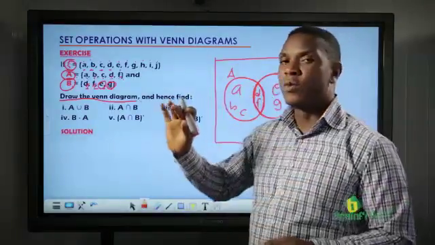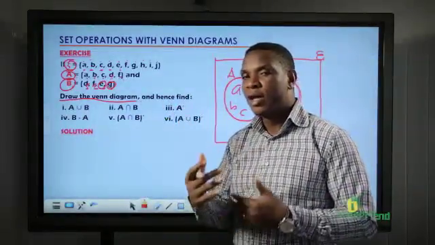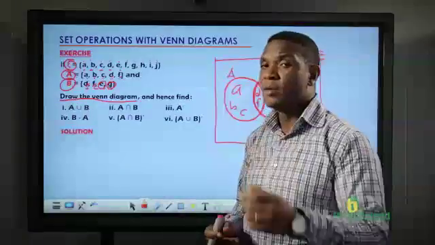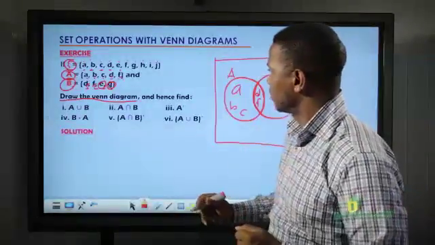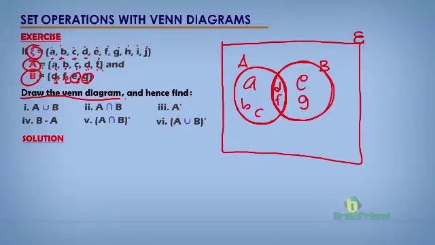So far we have our Venn diagram in place, and though we are still in progress, we are almost done. Next, let's take a look at the elements of our universal set. It has A, B, C, D, E, F, G, H, I, J as its elements.